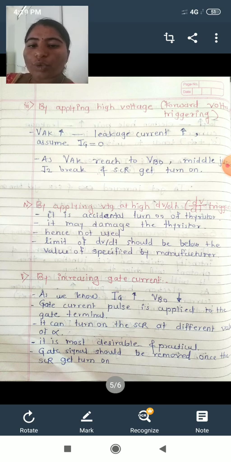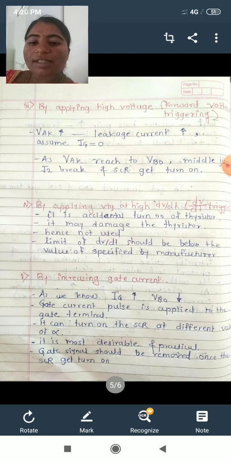It is not used. For this purpose, we have to take care that the limit of dV/dt should be below the value specified by the manufacturer. Always its value should be less than the specified value.